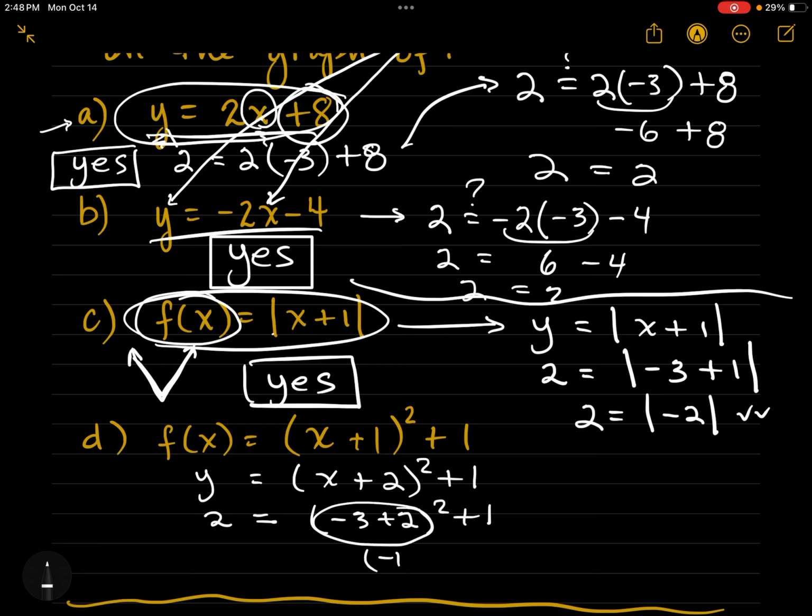So negative 1 squared plus 1, 1 plus 1 is indeed 2. So this one checks as well, and yes, that point again falls on the line.